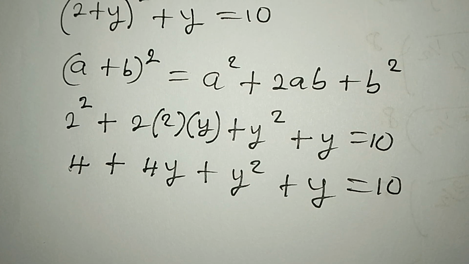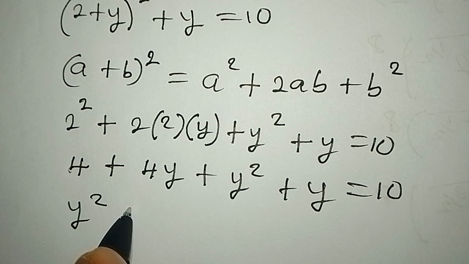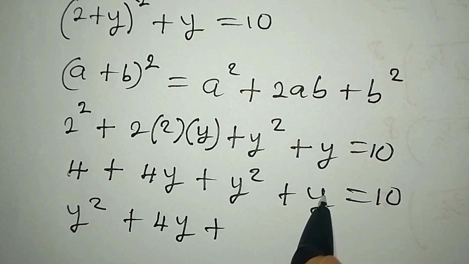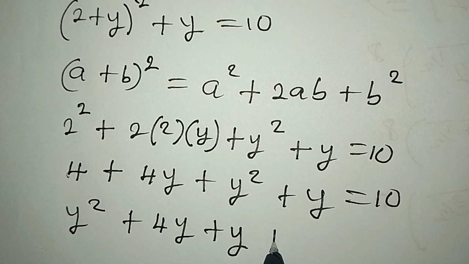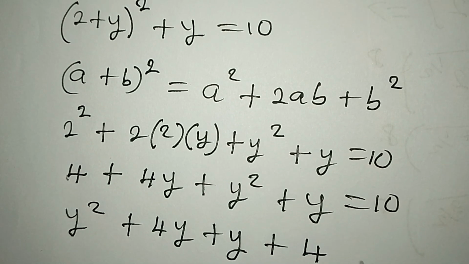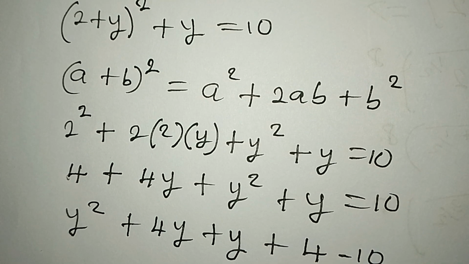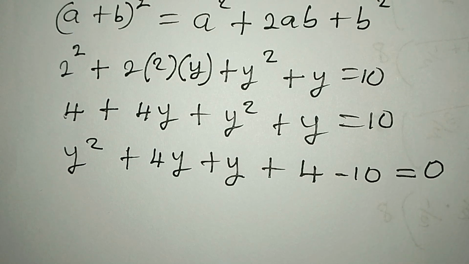Now let's collect like terms. y squared will come first. Then I have plus 4y and plus y. I will have plus 4, which is this, and the 10 is coming here to become minus 10. And then everything is now equal to 0.